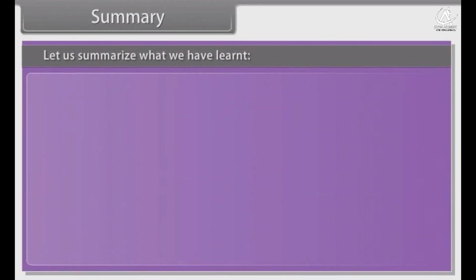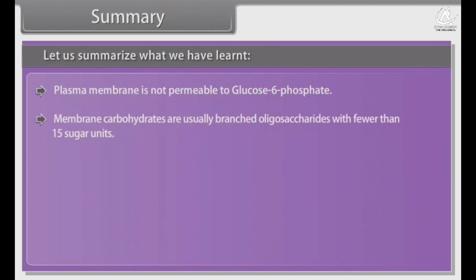Summary. Let us summarize what we have learned. Plasma membrane is not permeable to glucose 6-phosphate. Membrane carbohydrates are usually branched oligosaccharides with fewer than 15 sugar units.